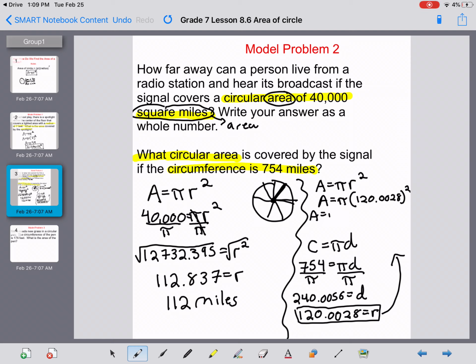When I squared it, my answer is 14,400.678 times pi. Now the problem doesn't say to round or anything, so I can just leave my answer as this. So it's 14,400.68 pi miles squared. That would be the circular area that's covered if the circumference is 754 miles.